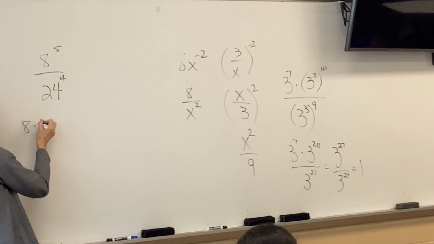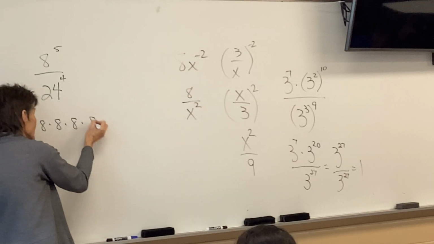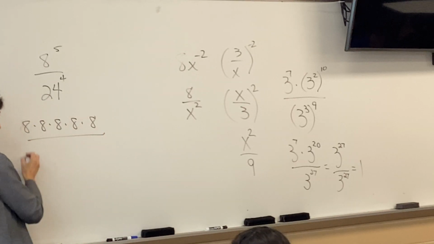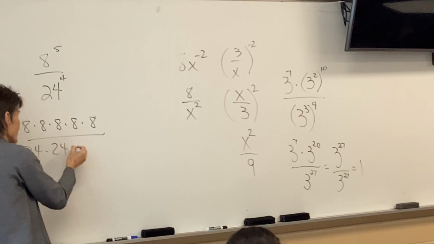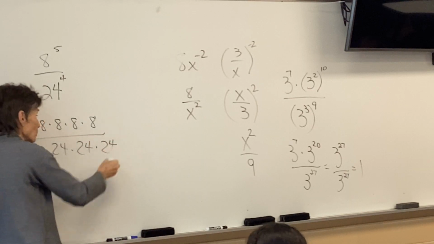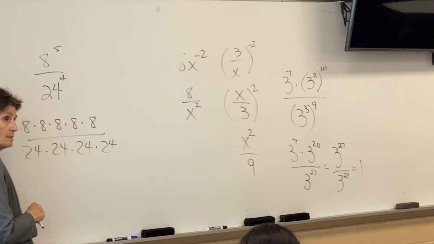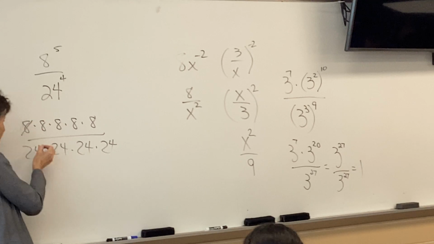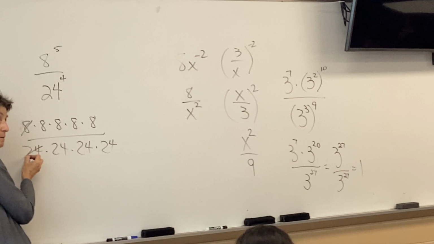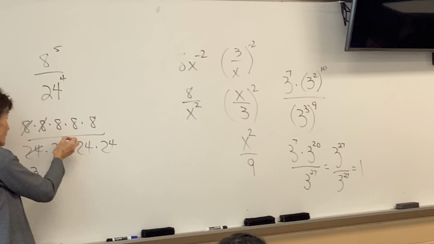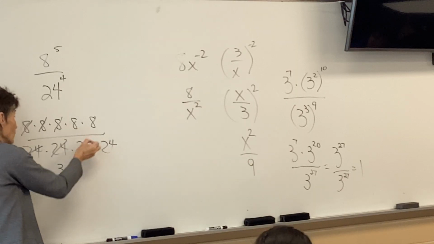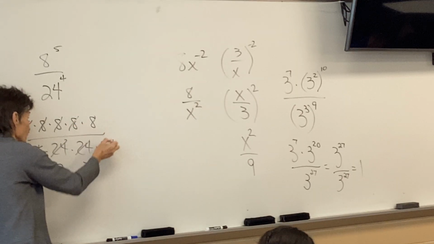It says 8 times 8 times 8 times 8 times 8, over 24 times 24 times 24 times 24. That's what it says. Now that 8 will cancel into this 24. And that one, and that one, and that one.